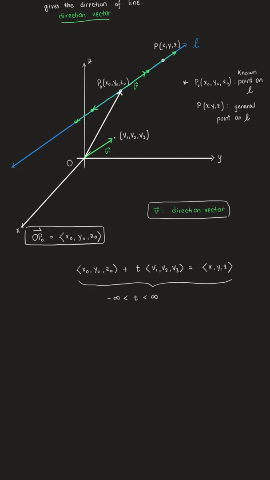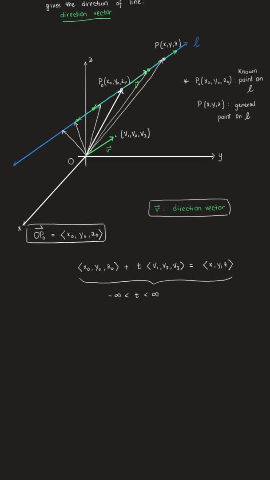That will generate all of the points on the line because I'm basically copying scalar multiples of v and adding them to p sub 0, and that's going to generate all of the vectors that point to points on the line. So that's how we get a line.